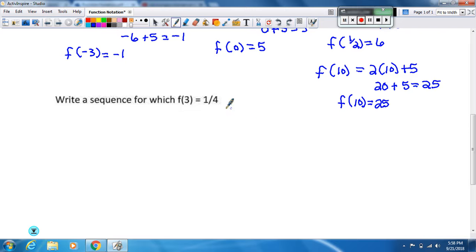Write a sequence for which f of 3 equals 1/4. Well, this is another way of saying the third term. And a sequence is just a list of numbers.